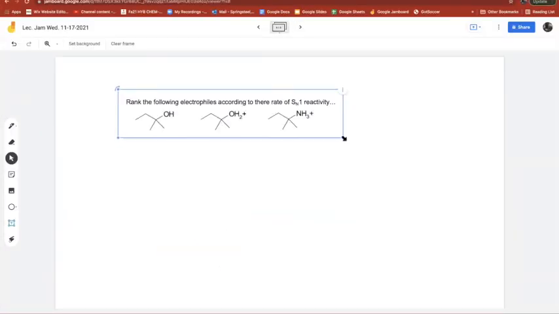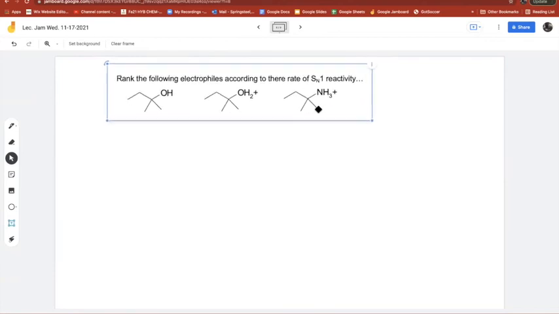All right, so we're going to rank these electrophiles according to their reactivity in an SN1 reaction. So what we're asking here is, what is the best leaving group? So how do we tell if something's a good leaving group?